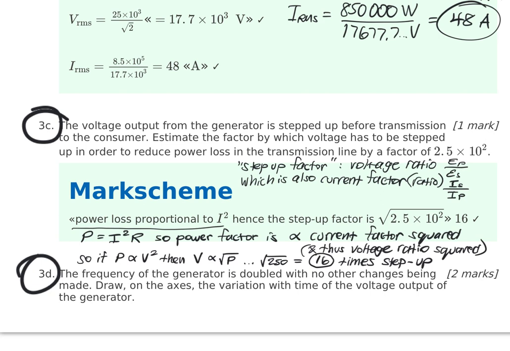If the power factor is 250, the square root of 250 is about 16. It's actually 15.81138, close to 16. So if I want to reduce the power loss by 250 times, I'm going to need to step up the voltage and thus step down the current by 16 times. That's where the 16 is coming from.